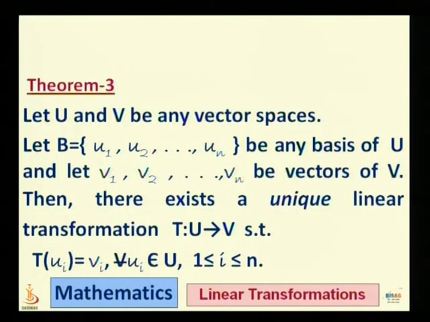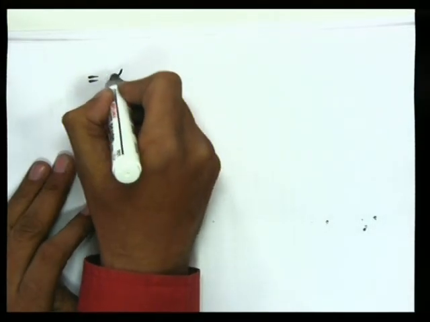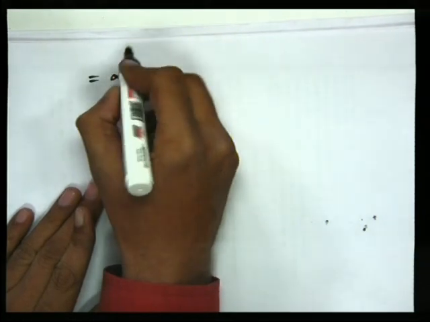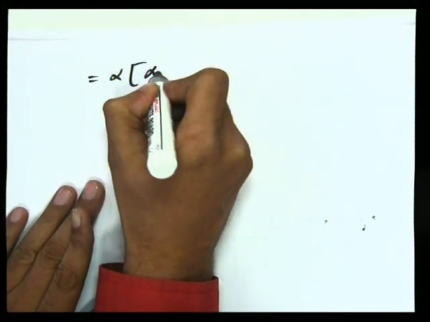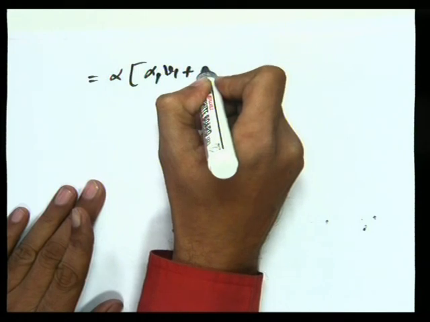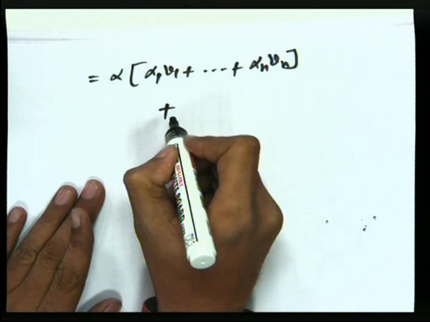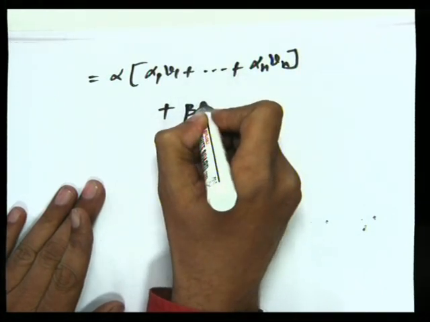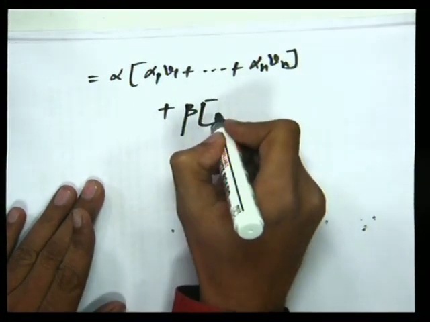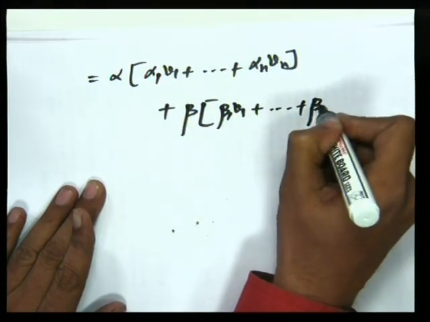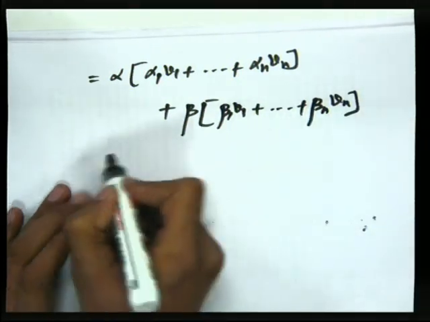Okay, so now we can write this as, collecting all the terms involving alpha, alpha times alpha 1 v1 plus up to alpha n vn, plus, collecting now the terms involving beta, taking beta common, beta times beta 1 v1 plus up to beta n vn. Now look at this.